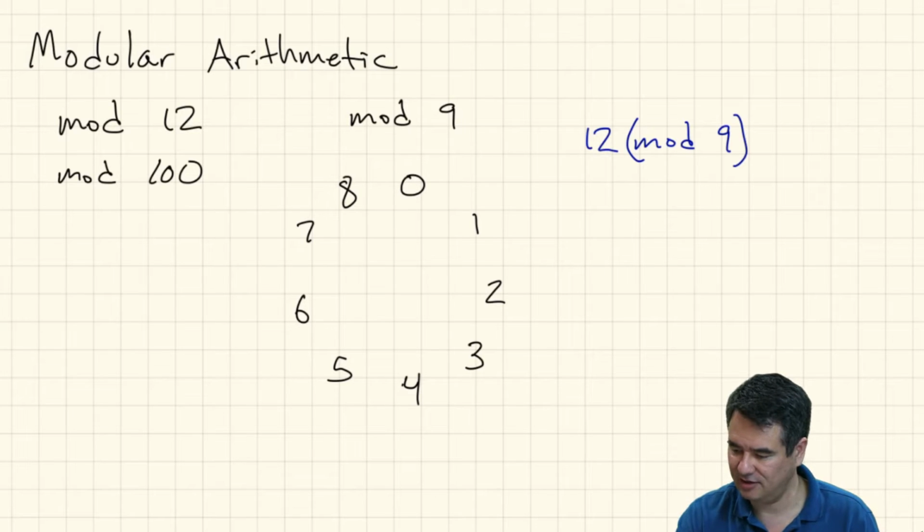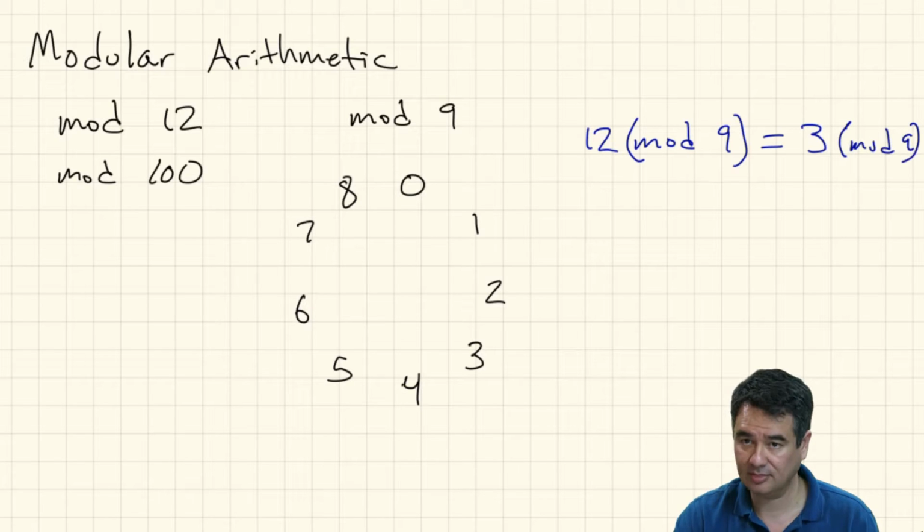So 12 mod 9: we start at 0 here and we just count by 12. We go 1, 2, 3, 4, 5, 6, 7, 8, 9, 10, 11, 12. So we end up at 3 on the circle. So it's equal to 3 mod 9.